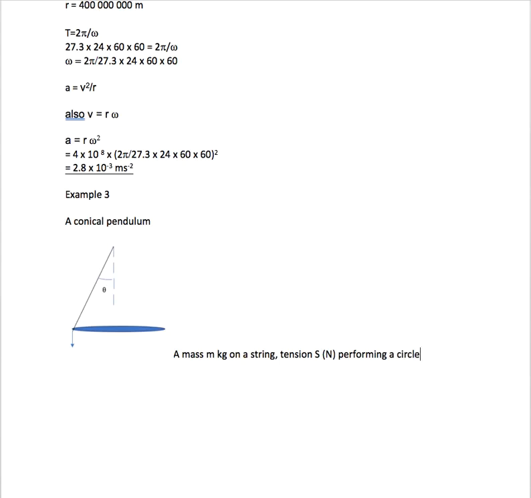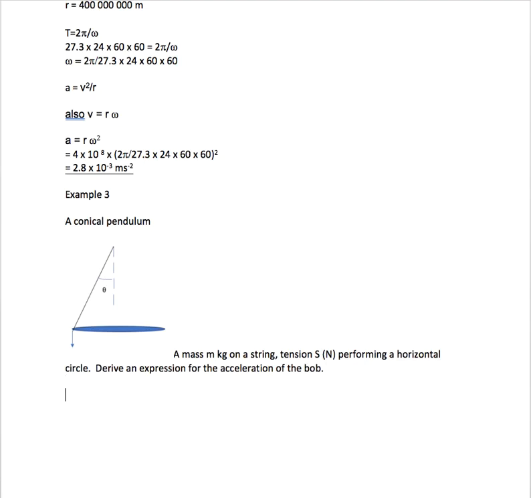And so our conical pendulum is performing a circle. And again, let's call this a horizontal circle just to be really clear. That's what we're doing. Let's derive an expression for the acceleration of the bob.